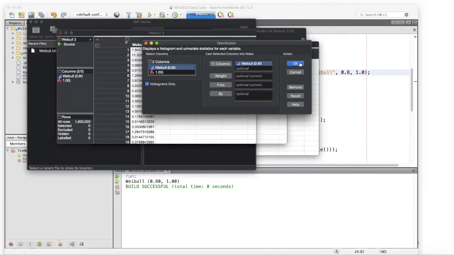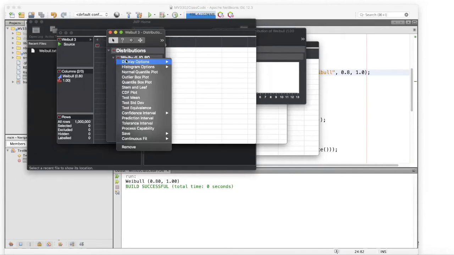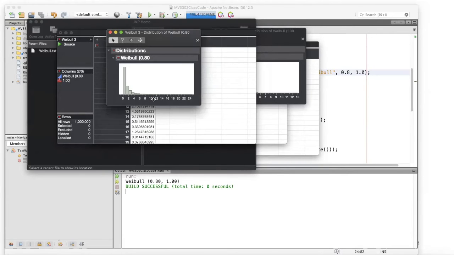Just the histogram, please. And as we can see, there's the spike at 0. Remember, theoretically, this spike at 0 is very, very big. And notice, we can actually see the N: out of 1 million, almost 631,000 observations are in that first spike.